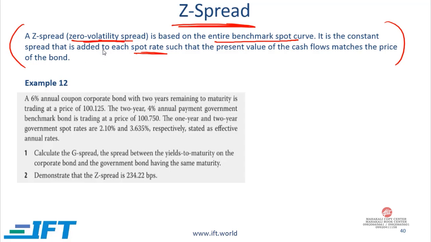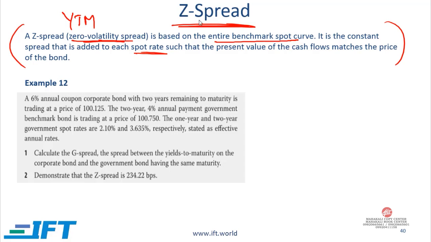Very simplistically, Z spread is similar to the nominal spread that we just talked about. The big difference is that with the nominal spread, you take the YTM of a bond and subtract the YTM of your benchmark instrument, which is generally a government bond. So notice with nominal spread, you are doing YTM of a given bond minus YTM of another bond.